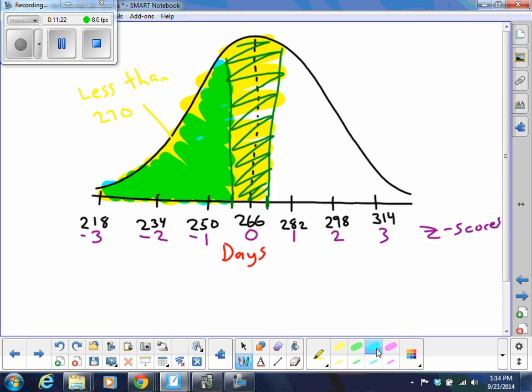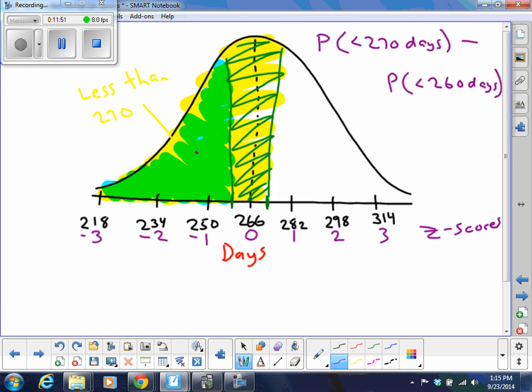What I want is the stuff in the yellow that didn't get subtracted out by the stuff less than 260 days. So basically what we're going to do is find the probability that it's less than 270 days. It's going to be its own individual problem. And then we're going to subtract this part here, which was the probability that it's less than 260 days. And it's going to give us that little middle region.